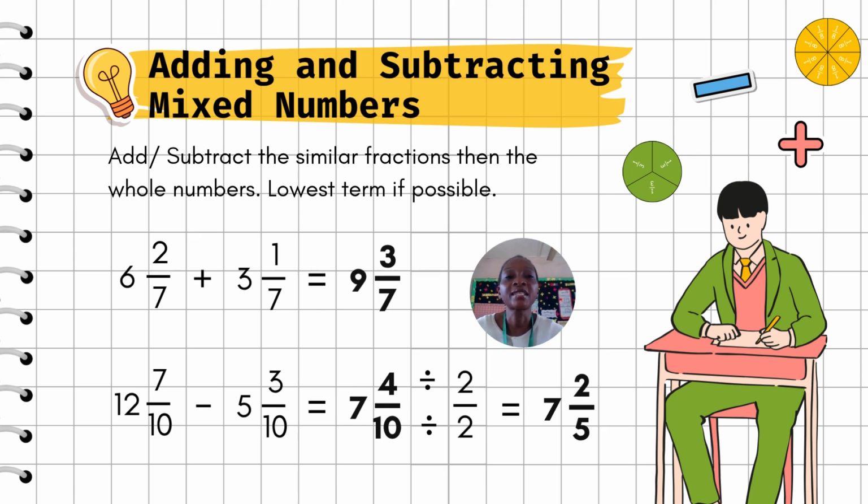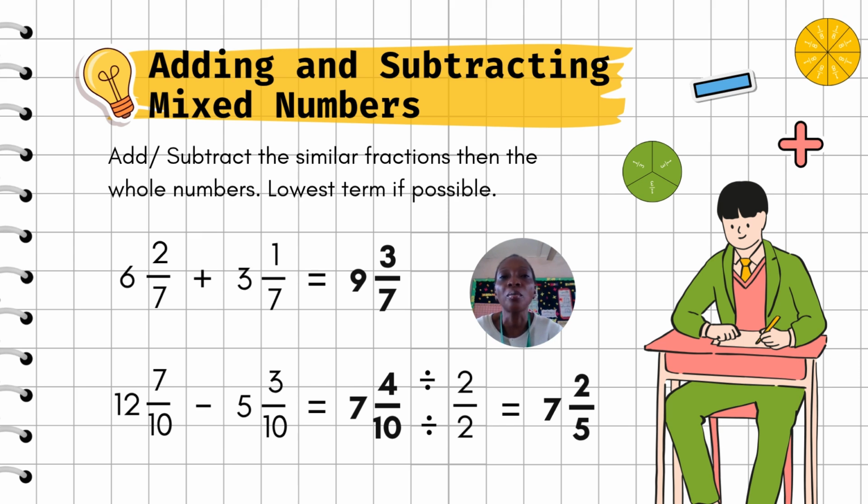Let's move into the next series of numbers, which is mixed numbers. Now let's talk about how to add and subtract mixed numbers. To add and subtract mixed numbers, you first of all start by adding or subtracting your whole numbers, and you can also break your fraction to the lowest term if possible. For example, I can give you 6 whole number 2 over 7 plus 3 whole number 1 over 7.